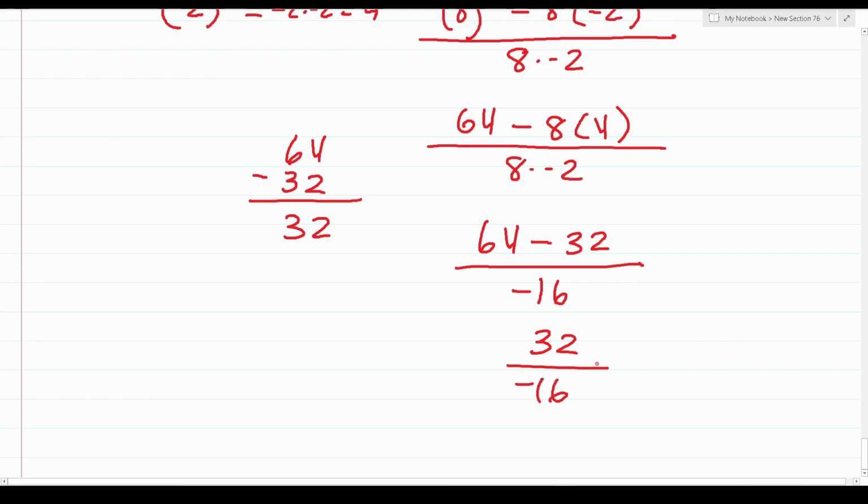And now we're just going to reduce this fraction. We can divide our numerator and denominator by a common factor of 16. 32 divided by 16 is 2. Negative 16 divided by 16 is negative 1. 2 over negative 1 is negative 2. All right, so that one is negative 2.